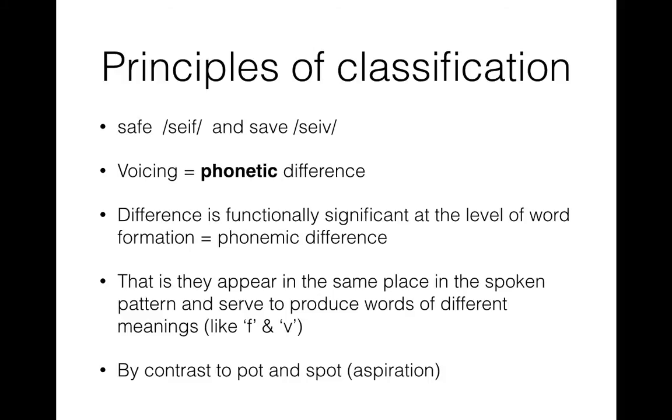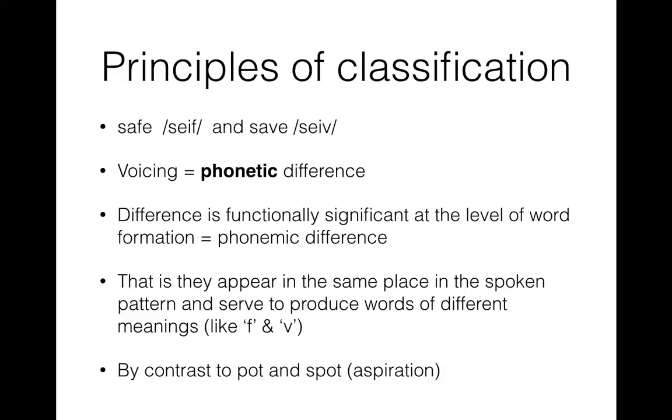No. In the same area, you have these two words. So they appear in the same place in the spoken pattern. And what happens? They serve to produce words of different meanings, like F and V. Okay? So this is one example of a principle of classification.